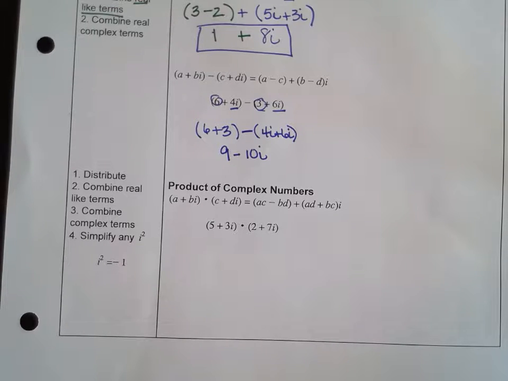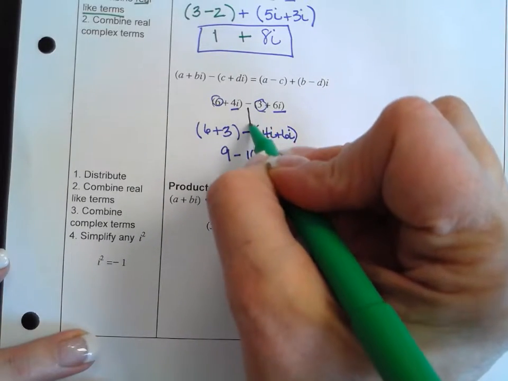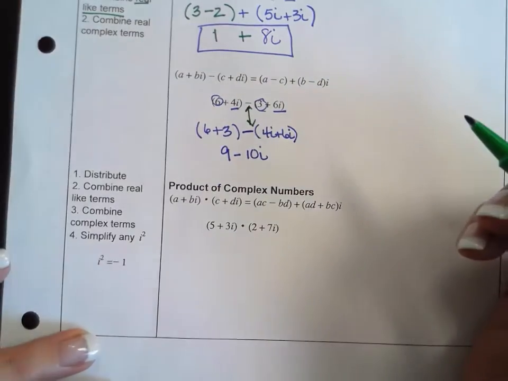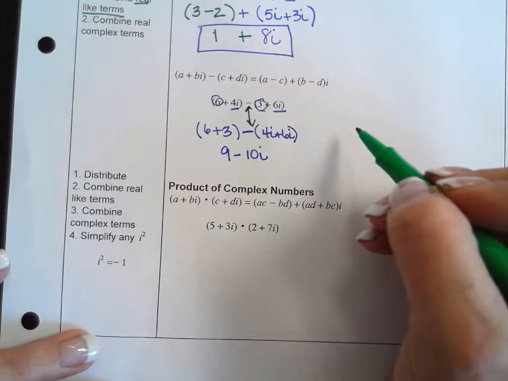Okay? You just move your sign that you're doing, whether it's adding or subtracting, in between, down beneath the two, and then you combine your like terms.